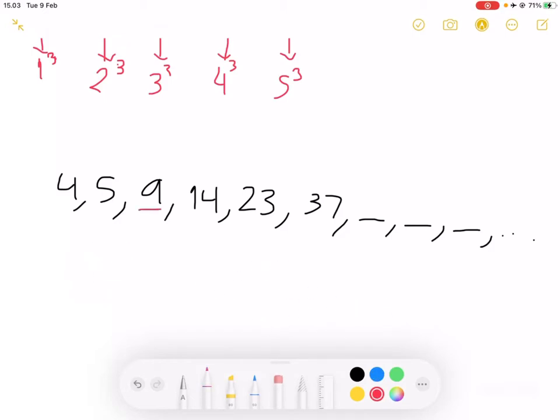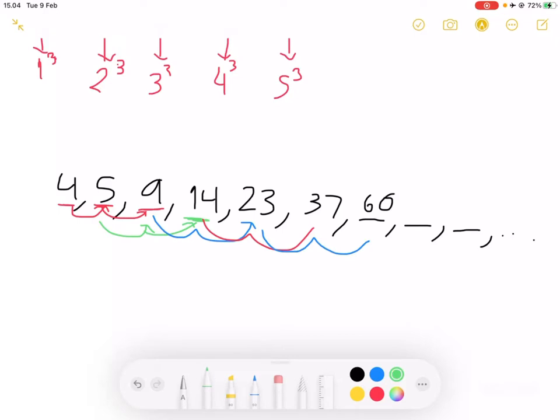We can get that 9 is gotten from adding 4 to 5. So you get 9 right here. 14 is obtained by adding 5 to 9. So you get 14. And then you can just see where the pattern is going. So the next term will be just 23 plus 37, which is 60.